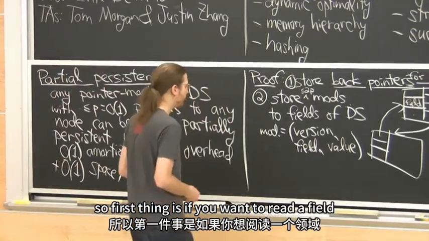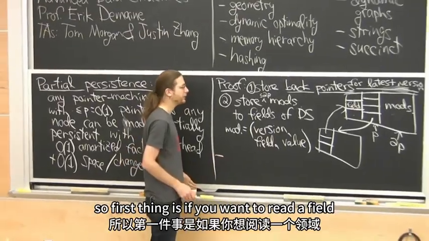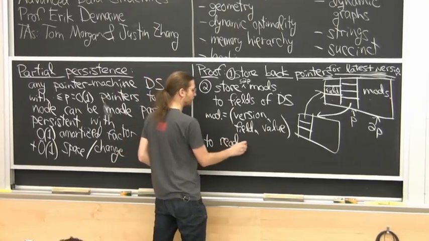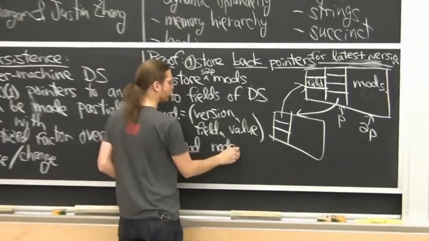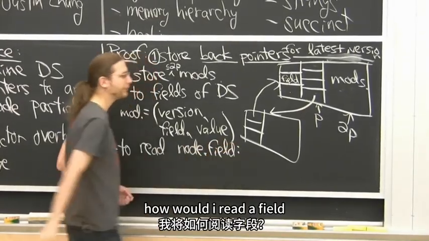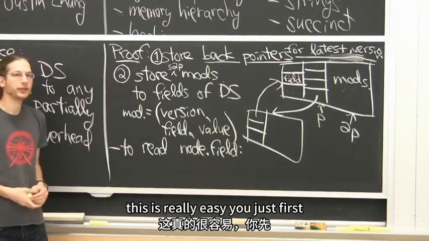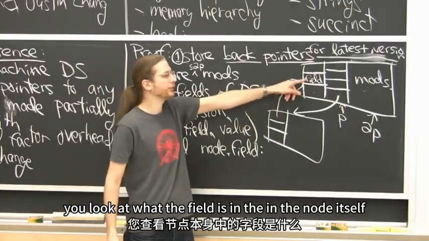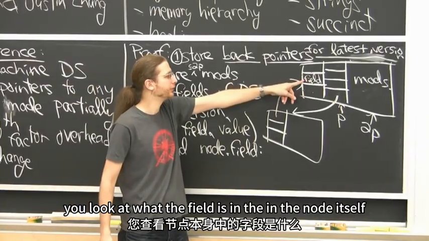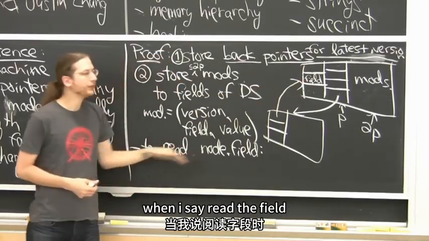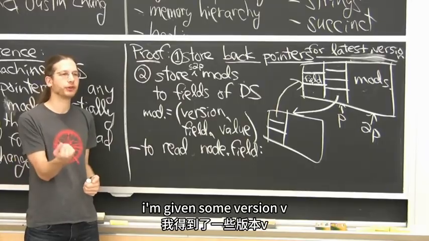So first thing is, if you want to read a field, how would I read a field? This is really easy. You first look at what the field is in the node itself, but then it might have been changed. And so remember, when I say read the field, I'm given some version v.